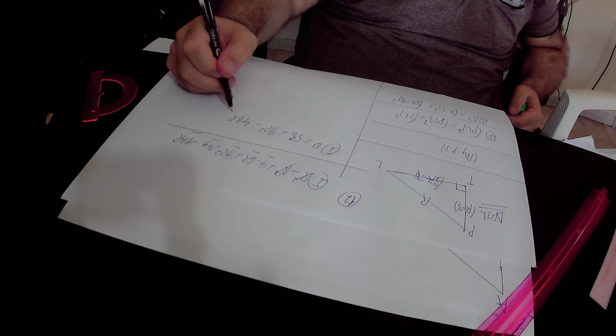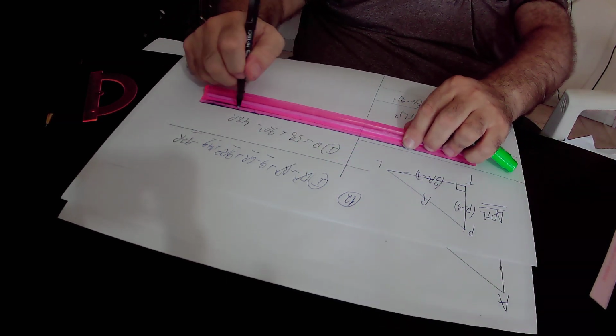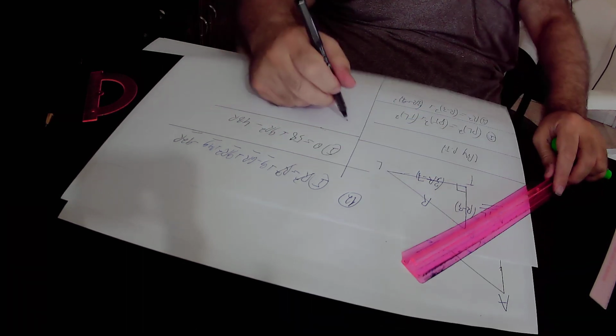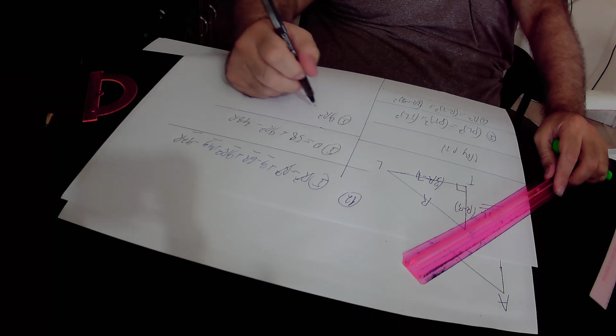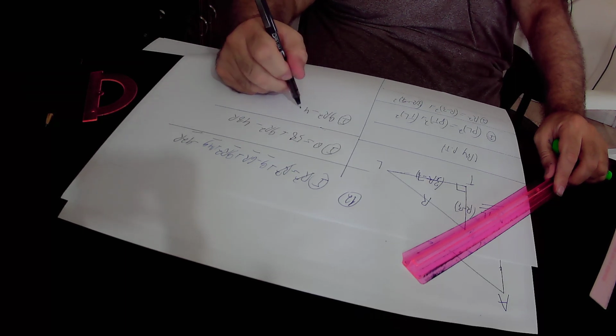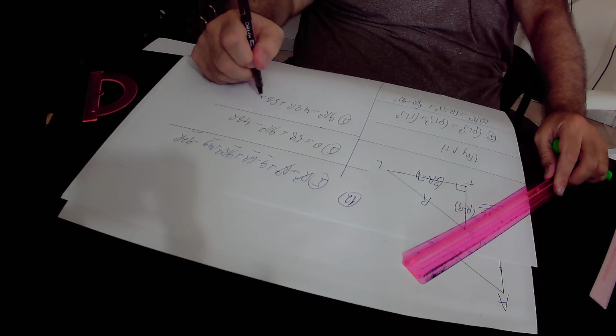So we have here a quadratic equation: 9R square minus 48R plus 58 is equal to 0.